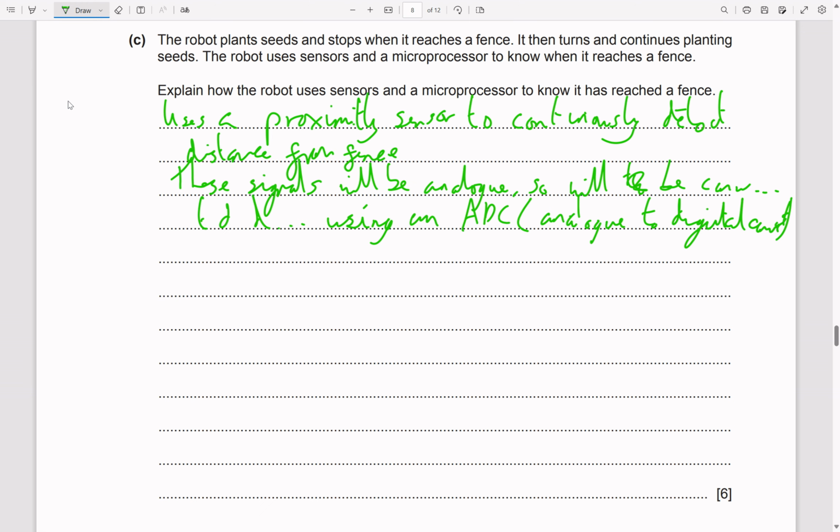So these signals will be analog, so will be converted to digital using an analog to digital converter, and sent to the microprocessor, let's just say MP.